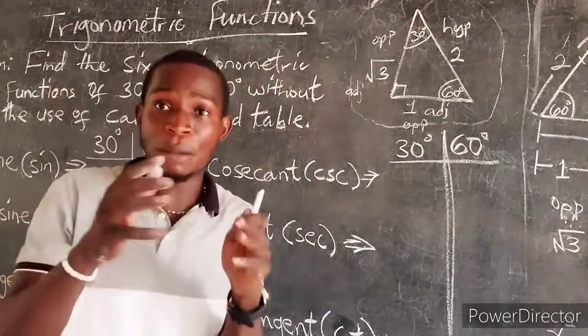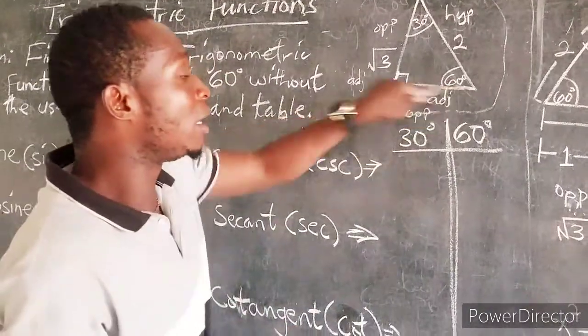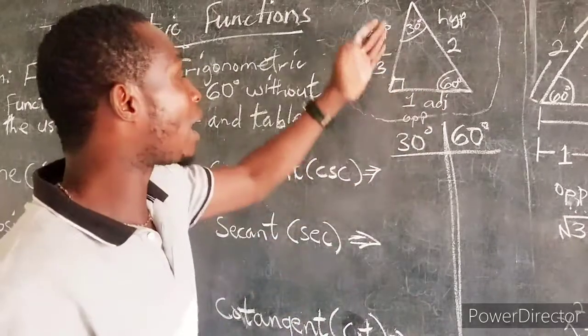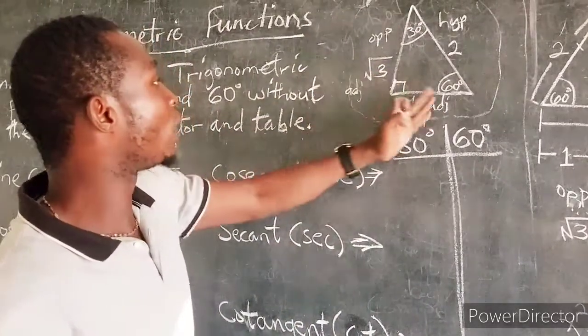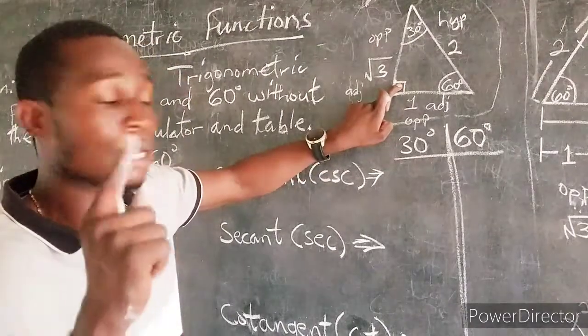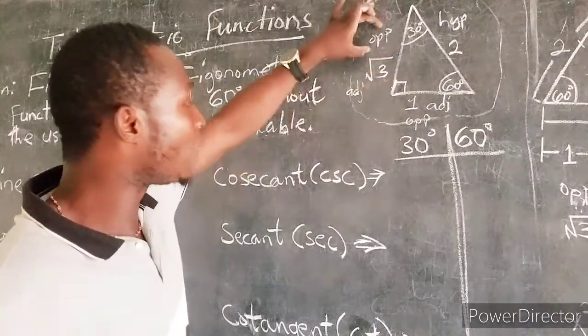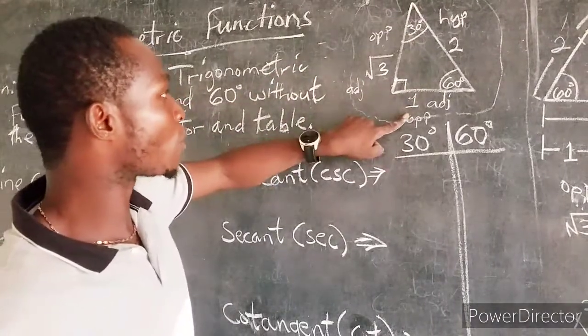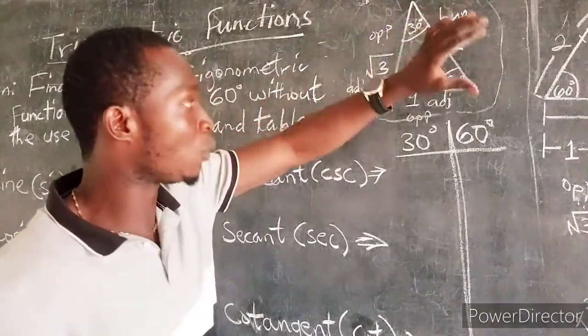So this simply means that the length that is touching the angle is the adjacent, and the length that is away from the angle, across from the right angle, is the opposite side. So for sine 30 degrees, this will be the opposite, and this will be the hypotenuse. The hypotenuse will be constant.